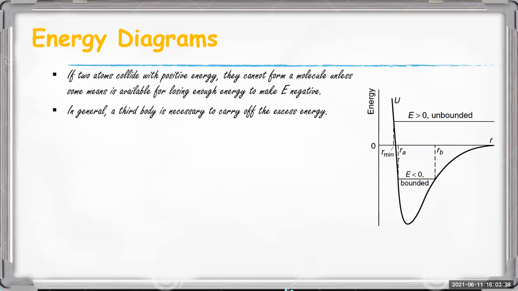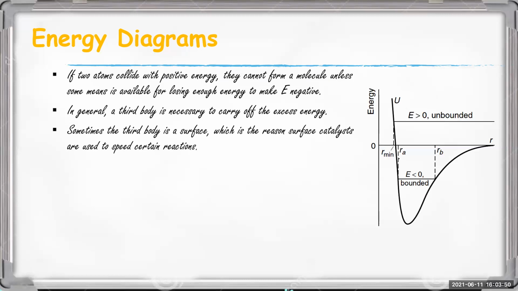If the excess energy is absorbed by a third body, it may be the surface. Sometimes the third body is a surface, which is the reason surface catalysts are used to speed certain reactions. Then the surface absorbs the extra energy and the atoms bond together to become a molecule.